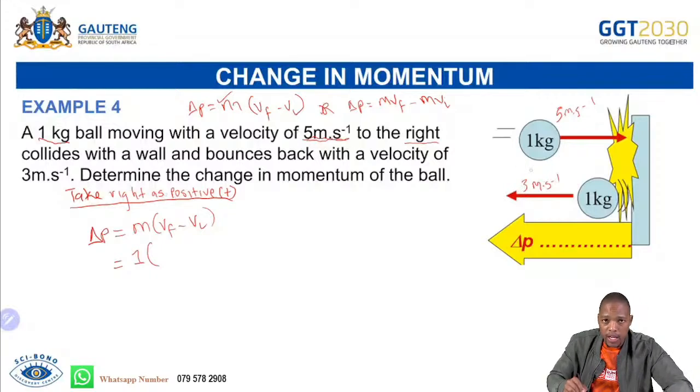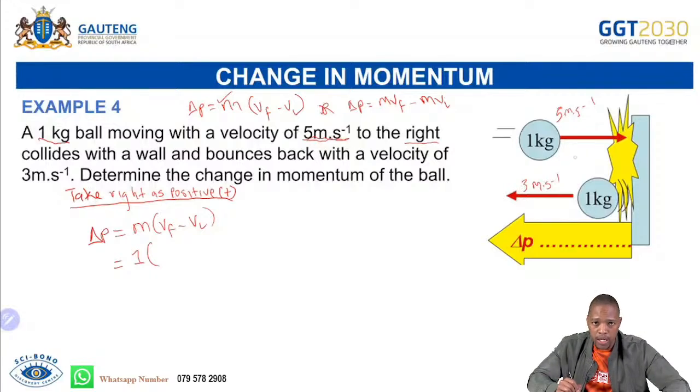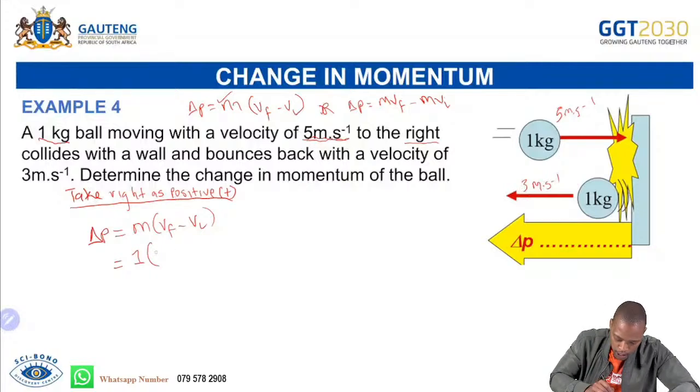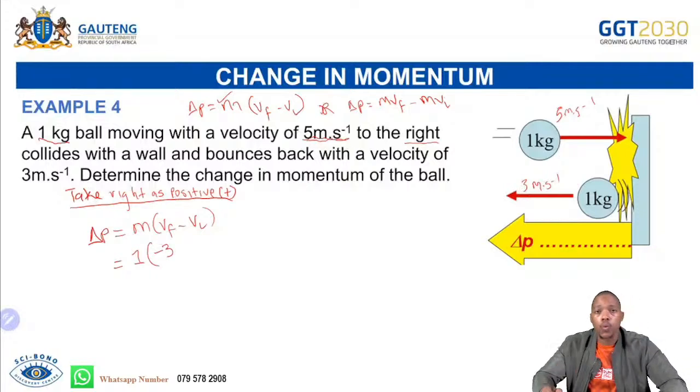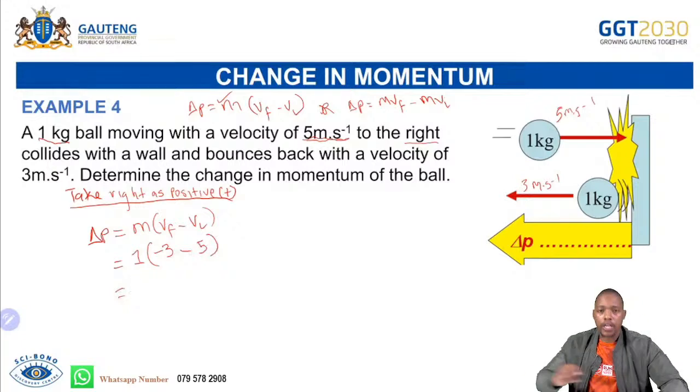If you make a mistake here, that's when you're going to get it wrong. If you don't take direction, you might forget and just substitute 3 as it is. 3 cannot be substituted as it is here. It must be substituted with a negative value, minus 3, because it is pointing in the opposite direction. We said we're taking right as positive. So negative 3 minus 5 meters per second, which was going in the positive direction.